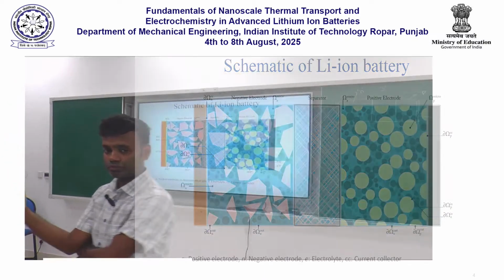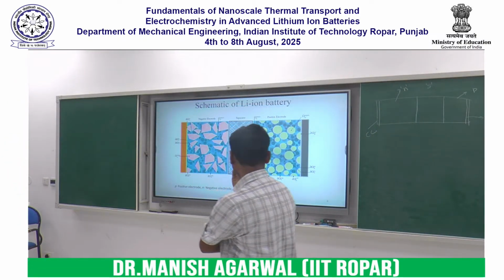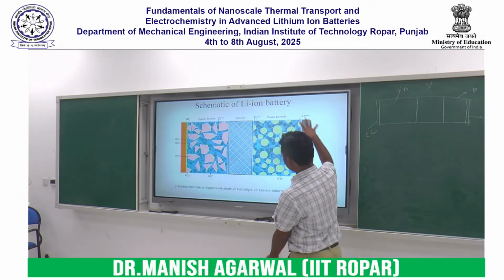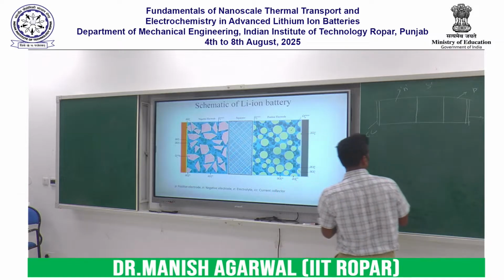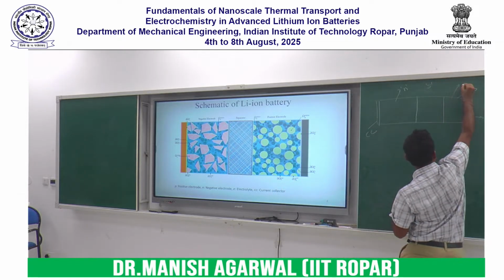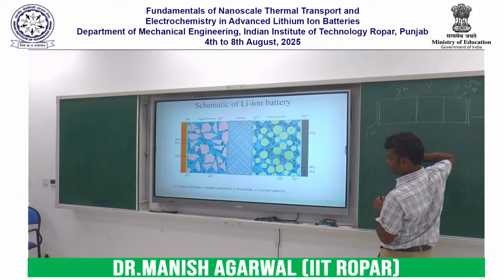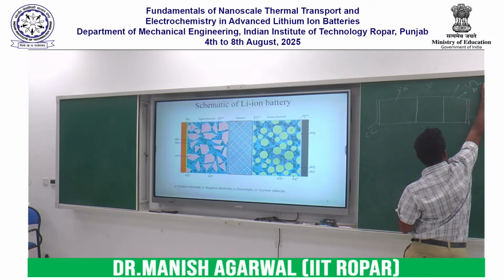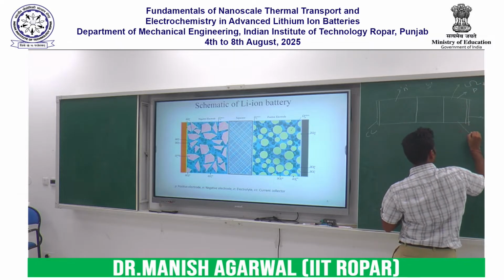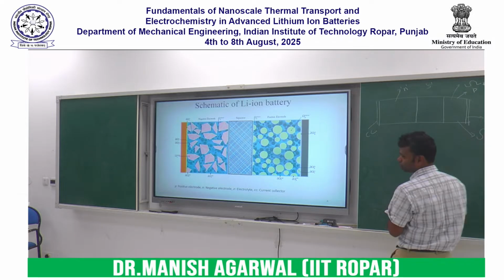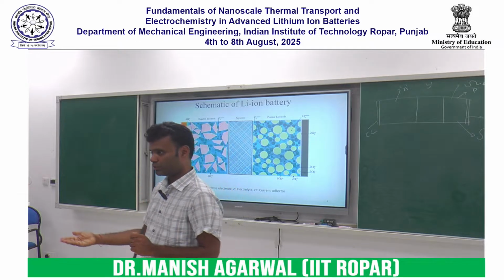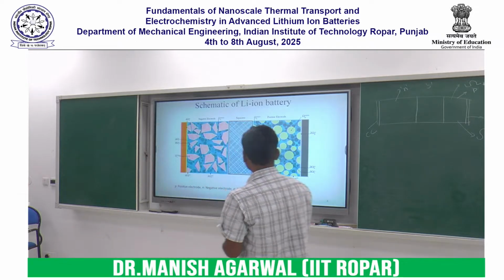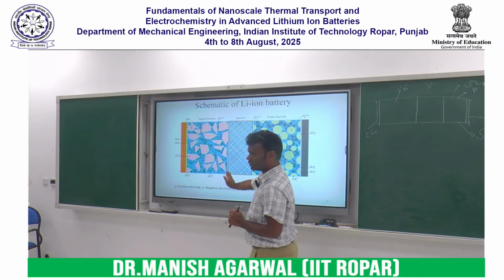For the domain, we are going to use the symbol omega, with subscript omega p to denote the domain occupied by the positive electrode. Fine.